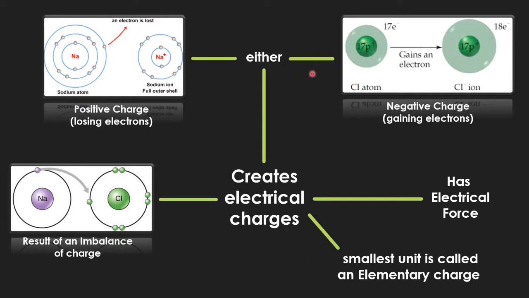Another type of charge is called negative charge. When we speak of negative charge, that means an atom gains an electron from another atom. In the case of the chlorine ion, a chlorine atom is accepting one more electron, maybe from a sodium atom, and with that chlorine will no longer be an atom but rather an ion.